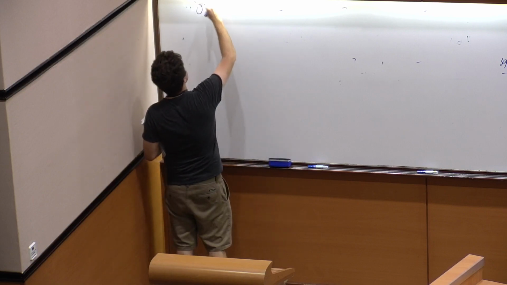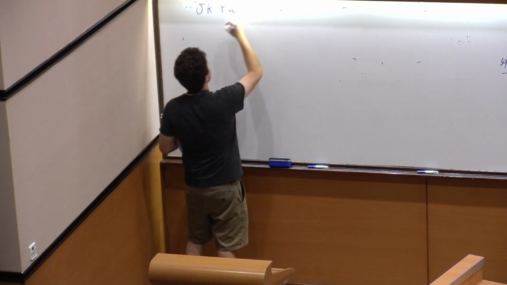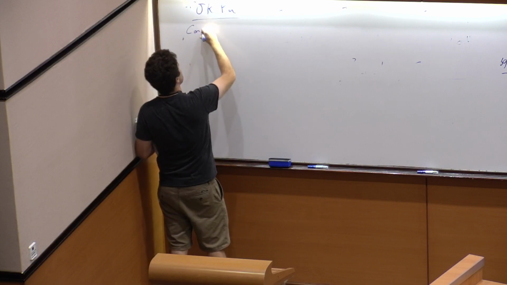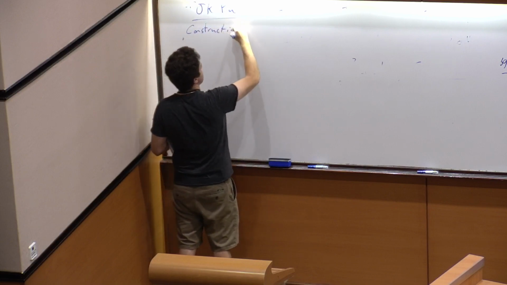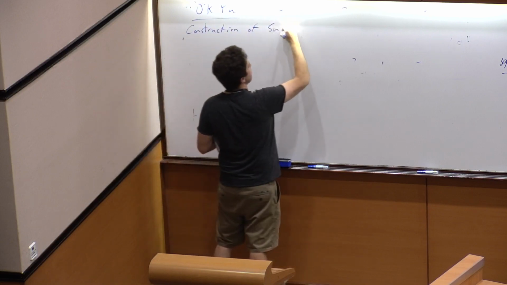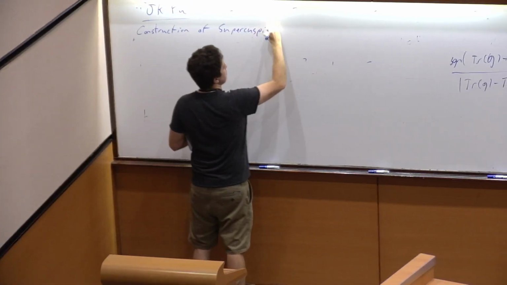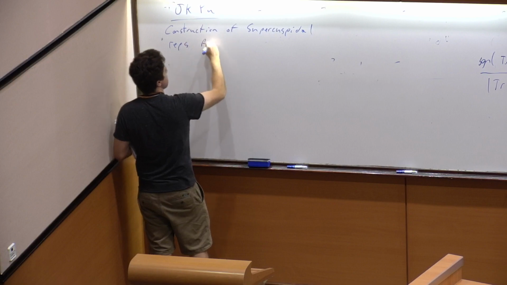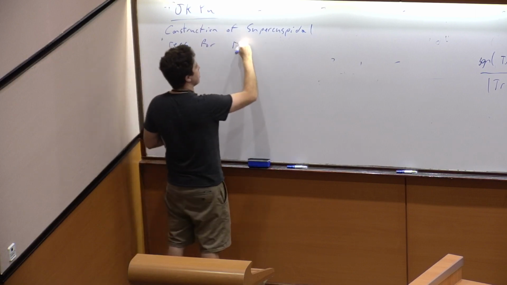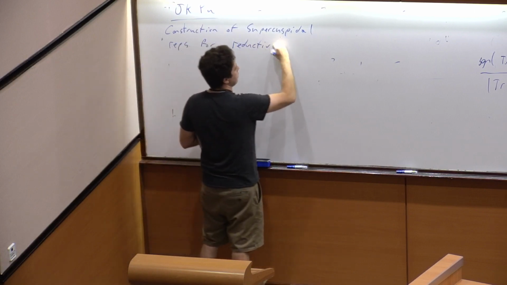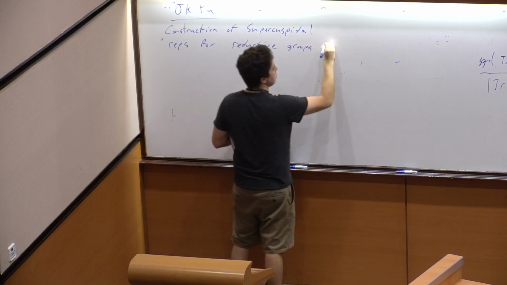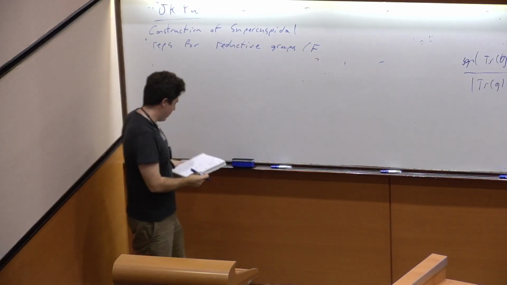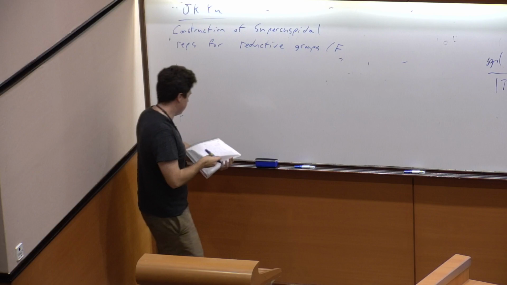So Yu gave a construction of supercuspidal representations for reductive groups over F, and it has a bunch of nasty looking pieces.